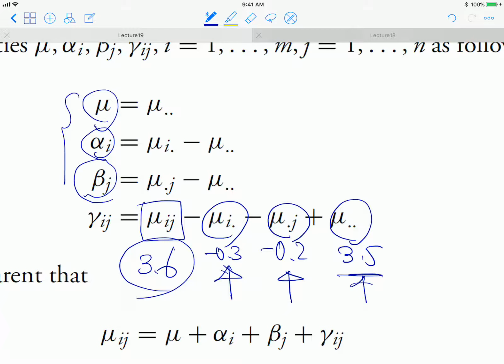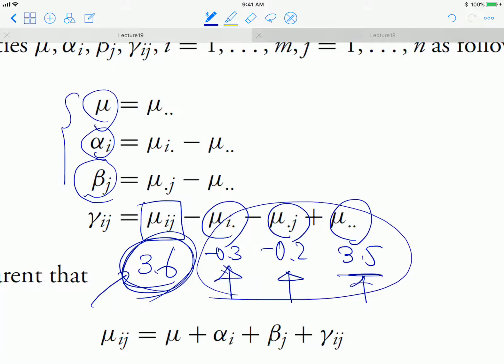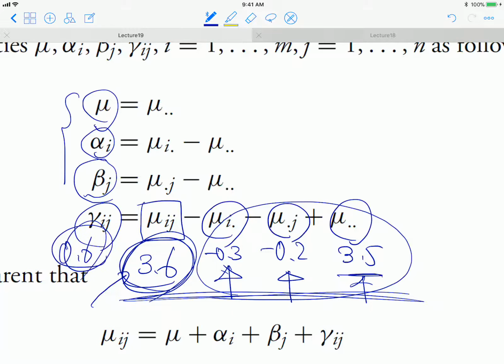And that way, the actual average score, or actual mean value, was 3.6, right? And this value comes from the additive model, and when taking the difference between them, this value is 0.6, and this guy is called our interaction term, right?